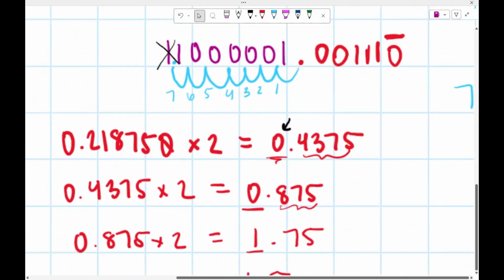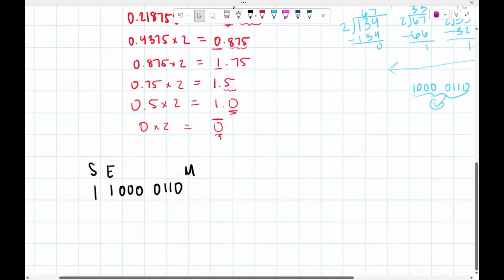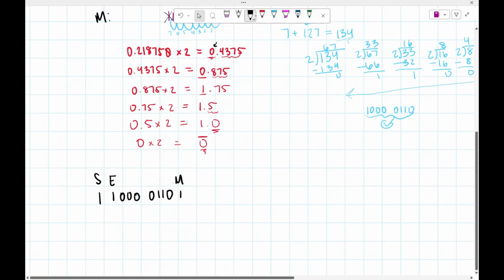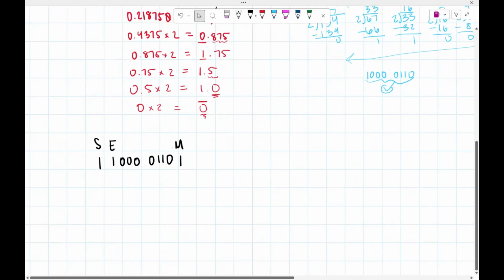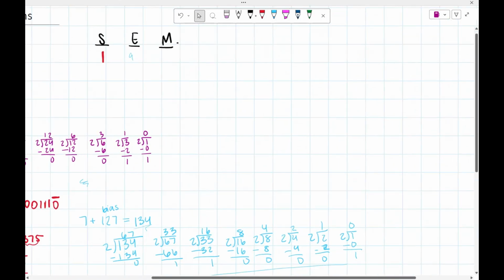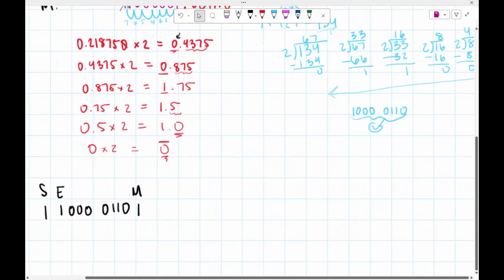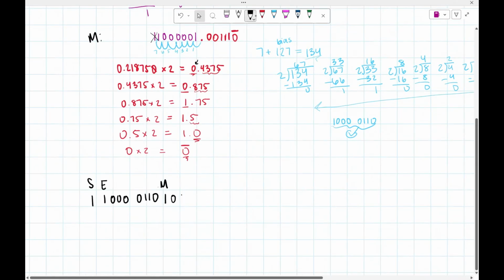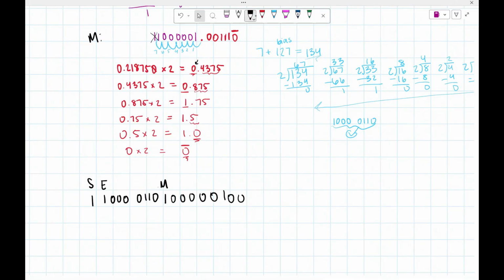Don't forget, we're not including that 1 in front of the decimal point. Oh, let me zoom out, please. Okay, so that's going to be 1, 0, 0, 0, 0, 0, 1, 0, 0, 1, 1, 1, and then the rest of the zeros repeat.